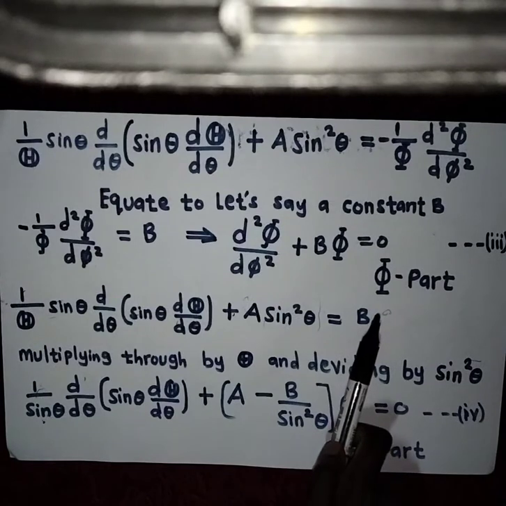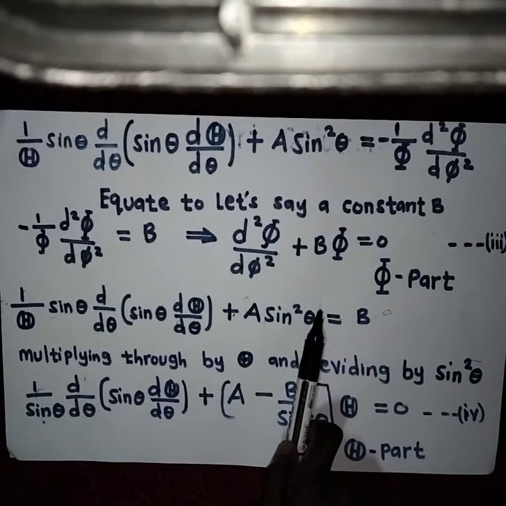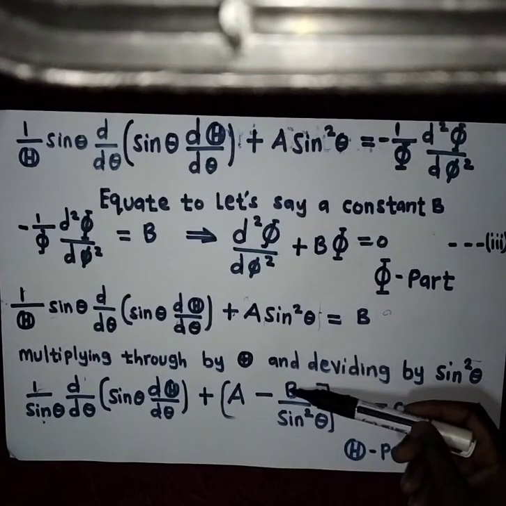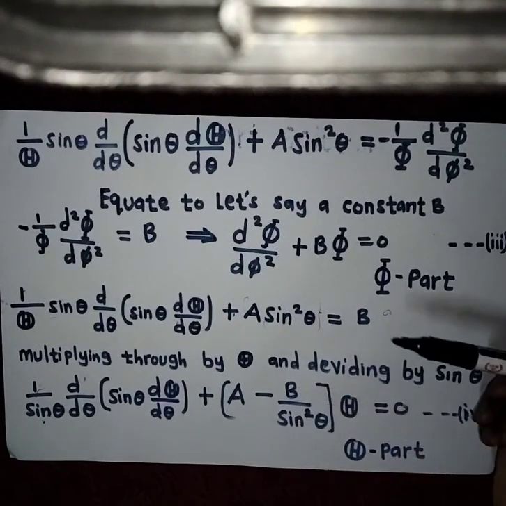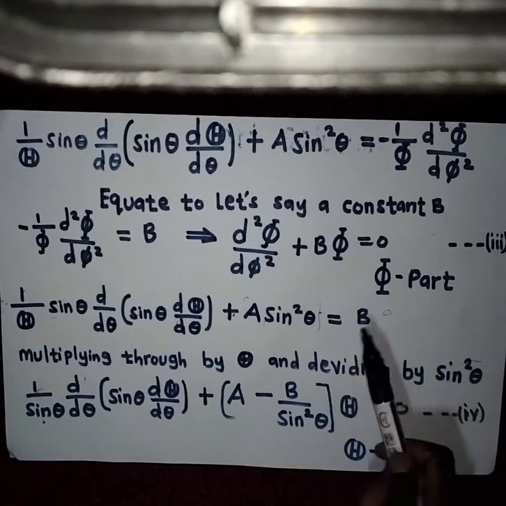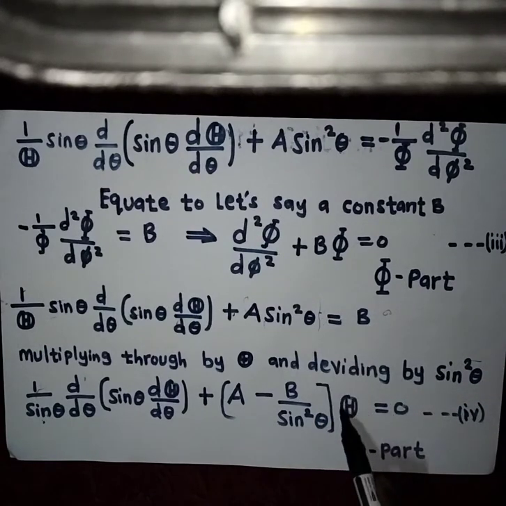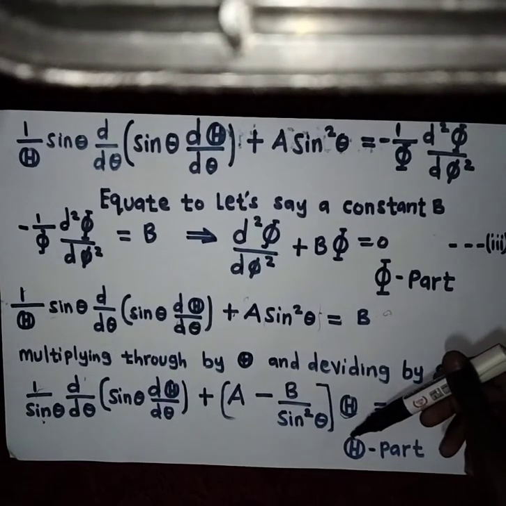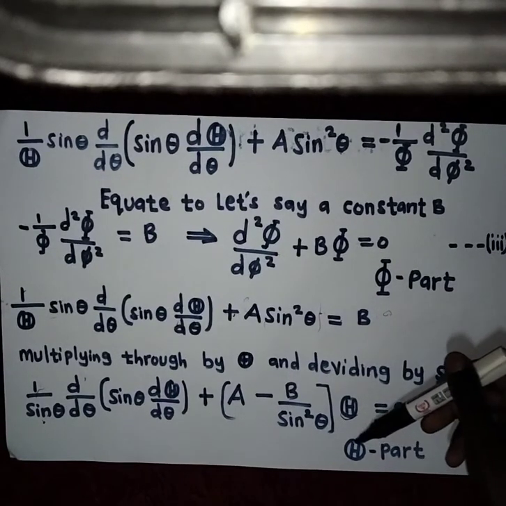Then I bring this one also as a function of theta. I divide by sine squared theta, it means I'm going to have b over sine squared theta, but remember all of them are a function of theta, so this operates on Θ being equal to 0. So this one becomes my theta part.